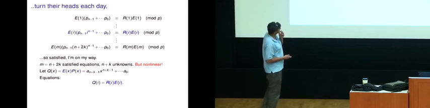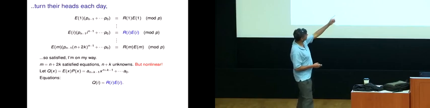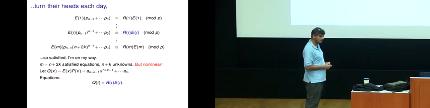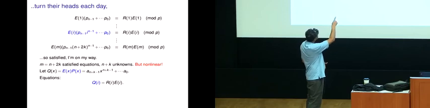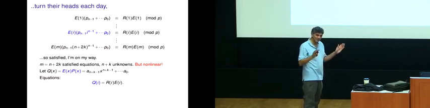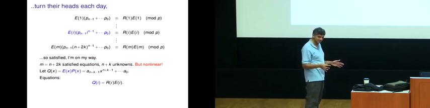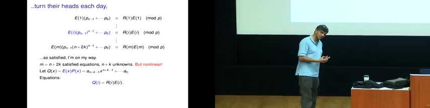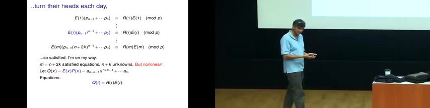And this side is just r of i times e of i. So that's just one of the equations. I'm just showing you how they're all related. Up there we wrote it as e of x times p of x, but then we notice that it's just one polynomial. We might as well think of it as one polynomial, Q of x. E of x times p of x is one polynomial, q of x.